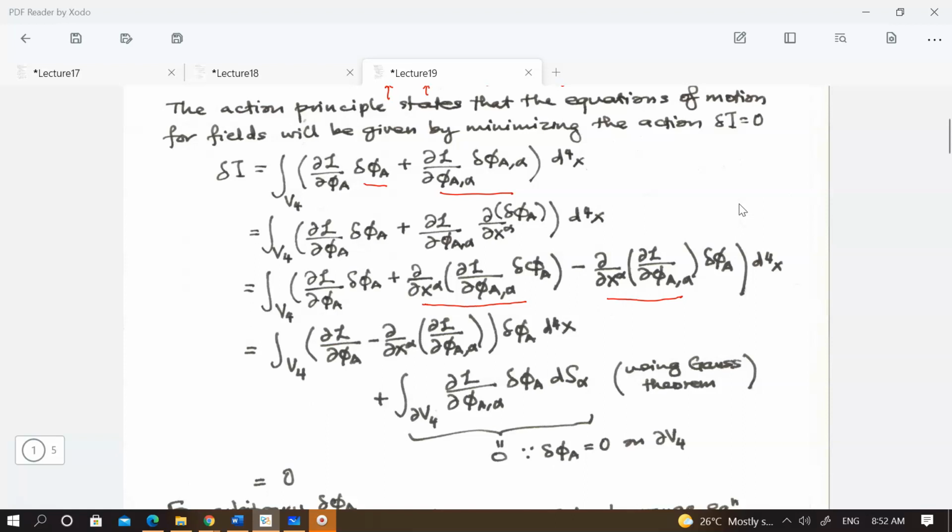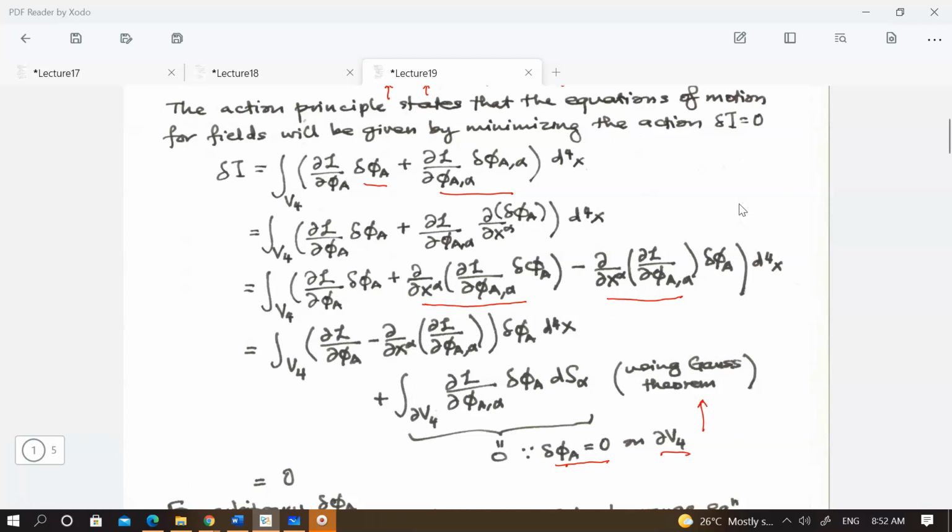So one can simply integrate it out, and then we use Gauss's theorem to say that the variation over the boundary of this four-dimensional volume is going to be fixed in such a way that your variation is actually equal to 0. So that's where the Gauss theorem comes in.